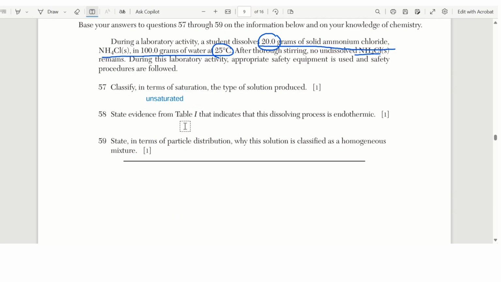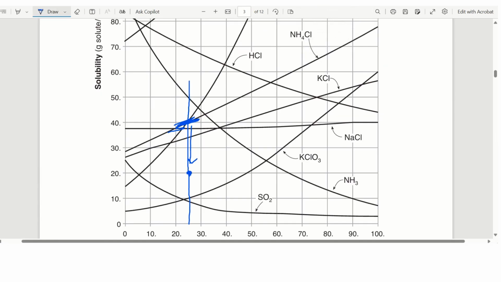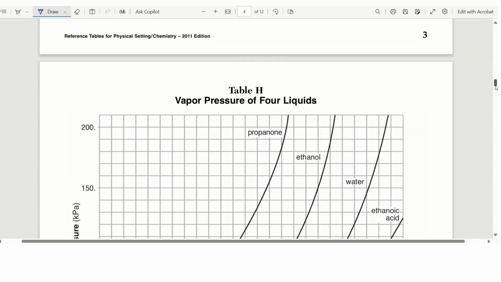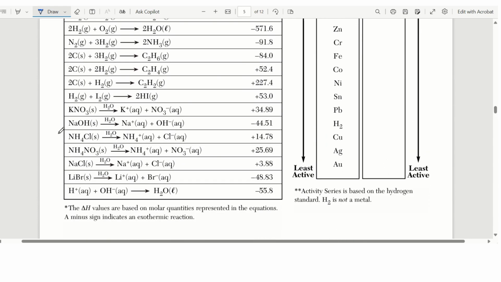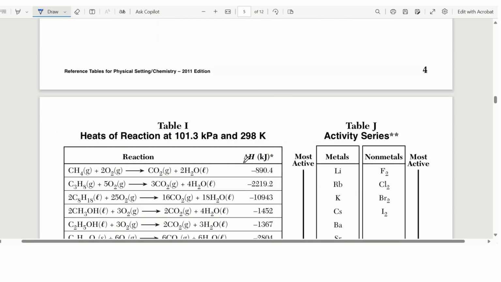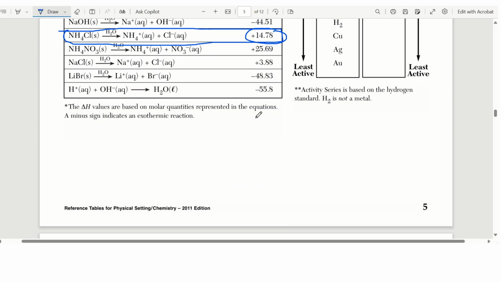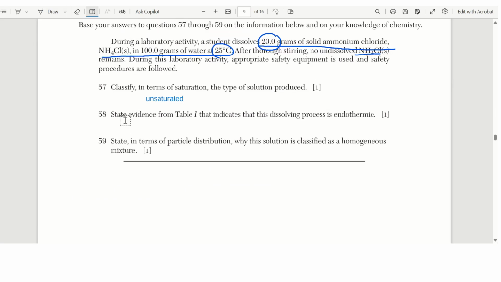State evidence from table I that indicates that this dissolving process is endothermic. Well, you have to turn to table I, come on, what are you doing? All right, so here is the dissolving process right here. What is the evidence from table I? This delta H is positive, okay?